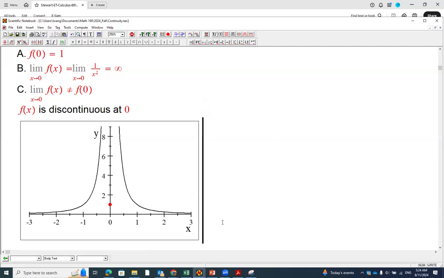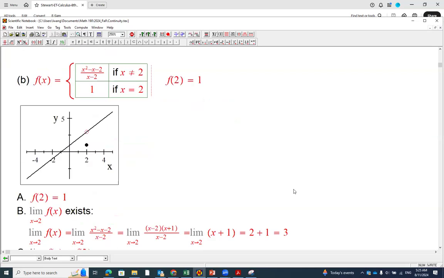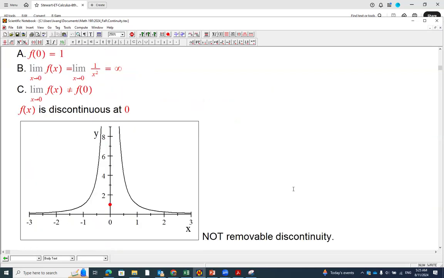Yes, you're right. This discontinuity is not a removable discontinuity. So in these three examples, we have seen that there are discontinuities that cannot be removed.